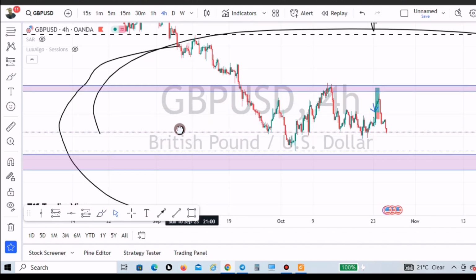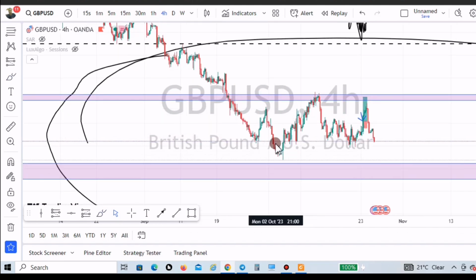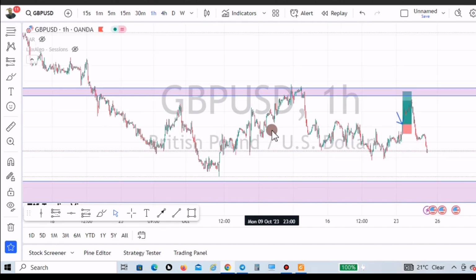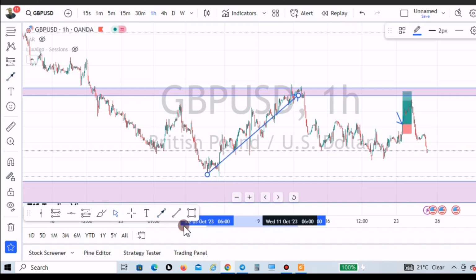On the 4-hour time frame, really there's nothing much here. Let's take it to the hourly. Now on the hourly time frame, you have something that you can work with. Notice that you had an uptrend and then you had a breakout which gave you a downtrend.